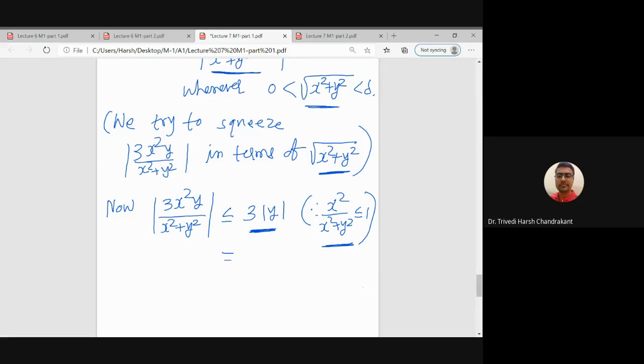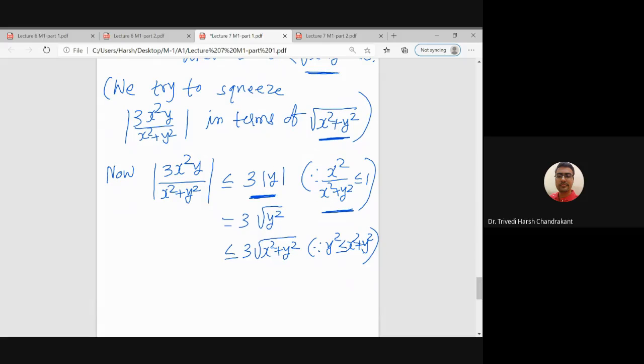So this is nothing but 3 times square root of y square, because square root of y square is modulus of y, and then we know that y square is less than or equal to x square plus y square. So essentially we are using a similar inequality: instead of x square being less than or equal to x square plus y square, we are using y square less than or equal to x square plus y square.